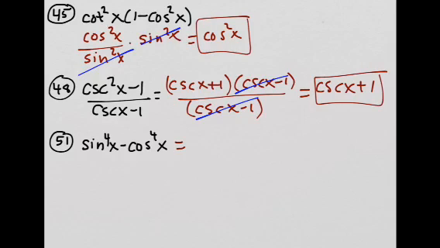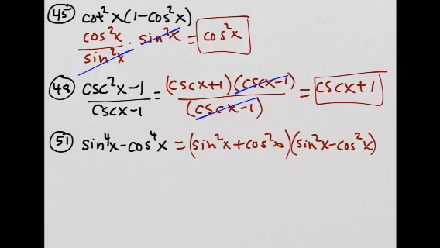So 51 is a difference of two squares, so you get sine squared x plus cosine squared x times the quantity sine squared x minus cosine squared x. So the first factor is a Pythagorean identity, and it equals 1.